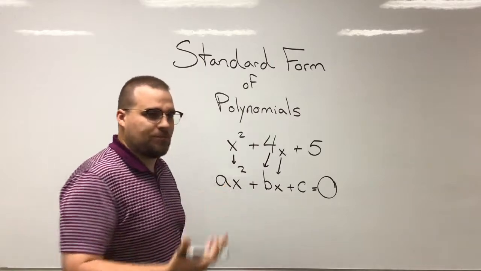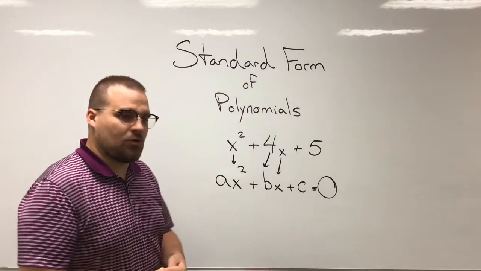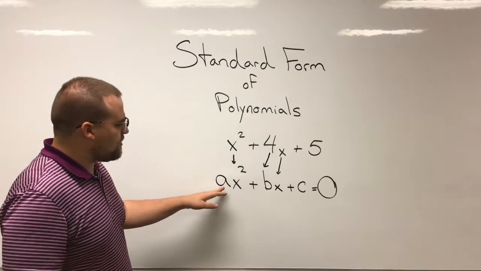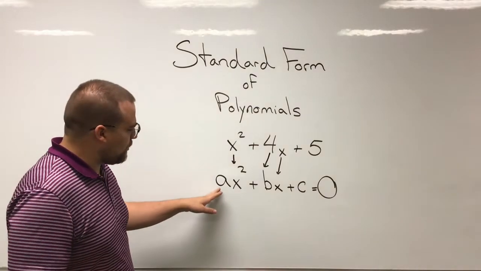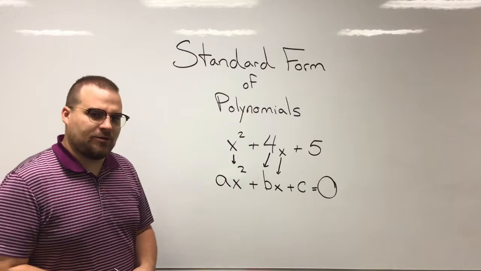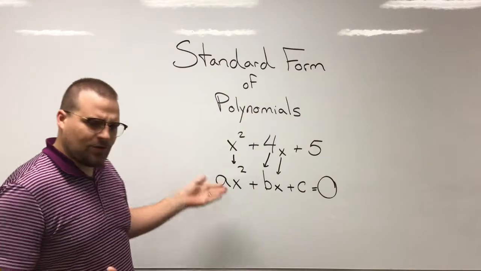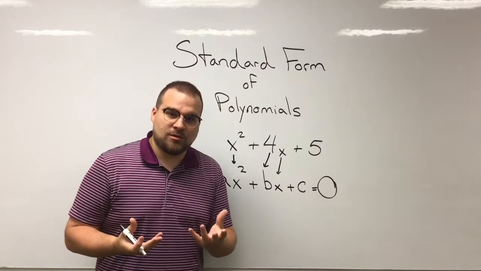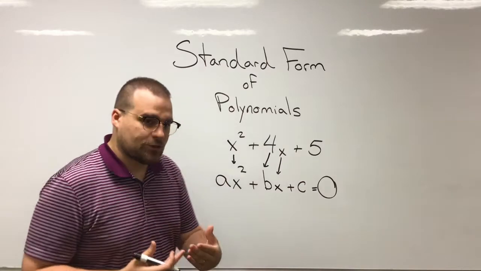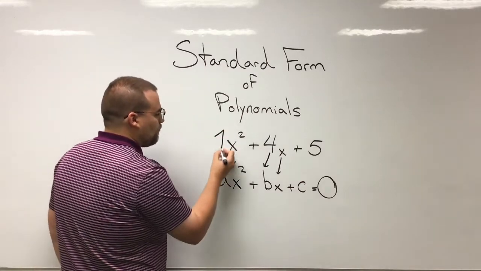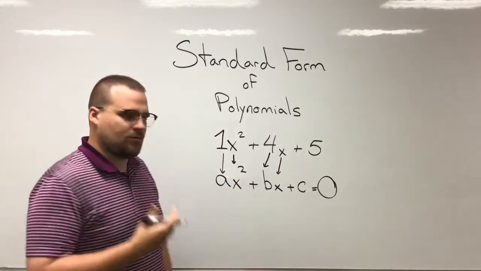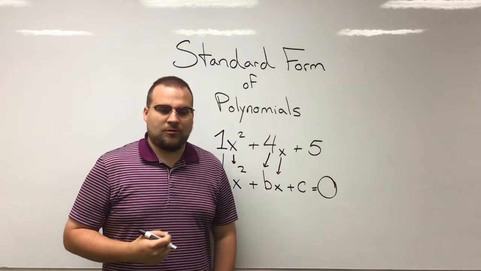The coefficient b, in the example we wrote up here, is 4. When it comes to a, we're looking at the number in front of the x squared. Well, in our example, is there a number in front of the x squared? It doesn't look like it, but there is. That's our invisible 1 coefficient. I'll go ahead and write this here. So 1 would be considered our a value.